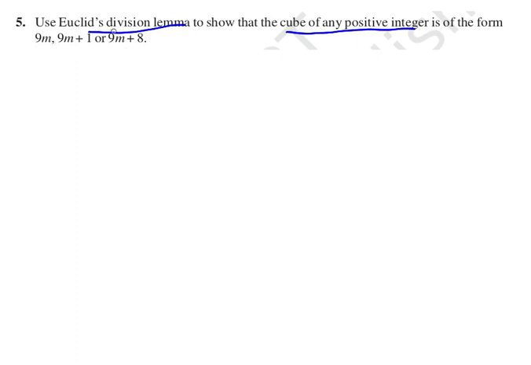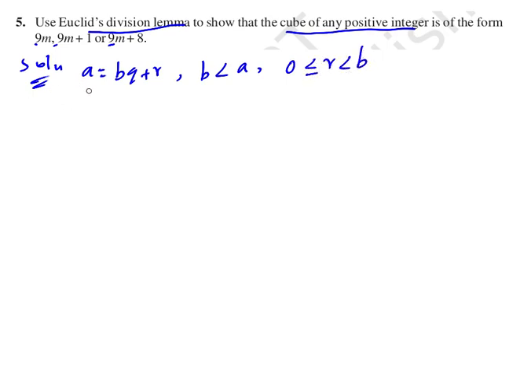In the place of b we have 9 here. So according to Euclid's division lemma, we can write a as bq plus r, b less than a, and the range of r is 0 less than or equal to r less than b. So here, according to the given values, we can consider b equal to 9.